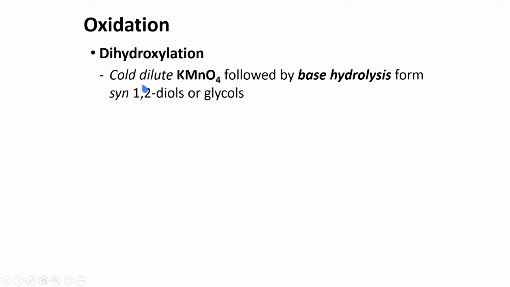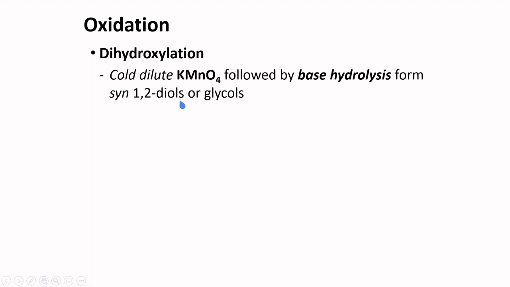Now to oxidation. Oxidation involves the increase of oxidation number of the carbons in the alkene. Usually, oxidation involves the addition of an electronegative atom to the alkene double bond. The first type of oxidation is dihydroxylation. This involves cold dilute potassium permanganate followed by base hydrolysis to form syn 1,2-diols or glycols.